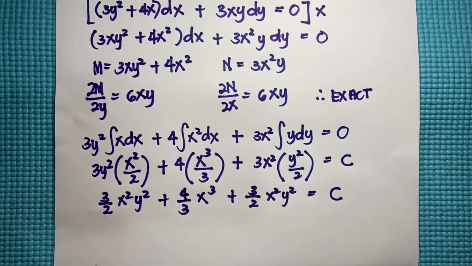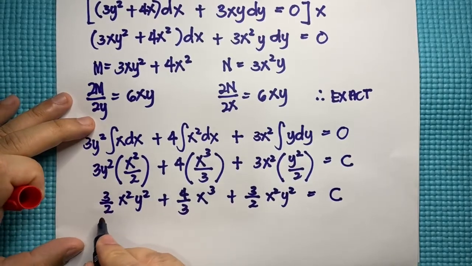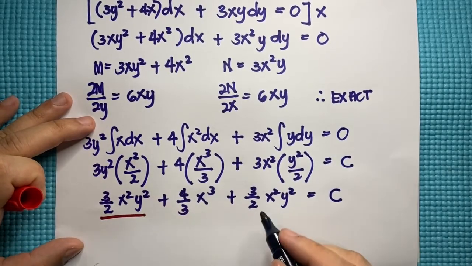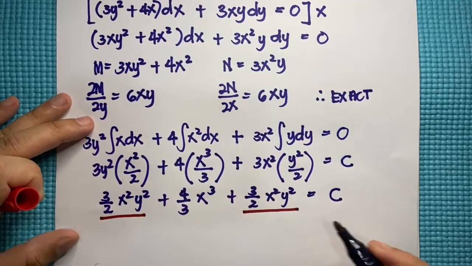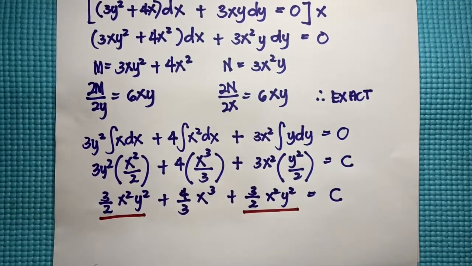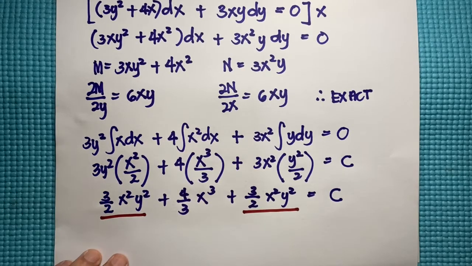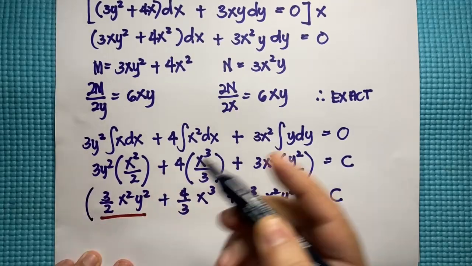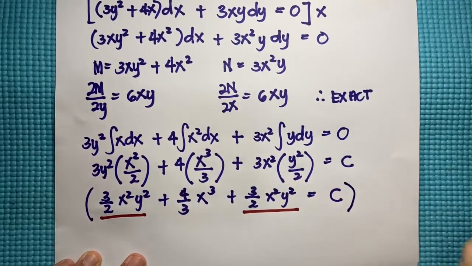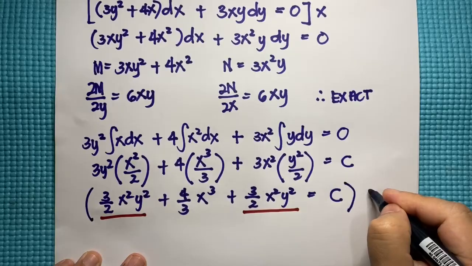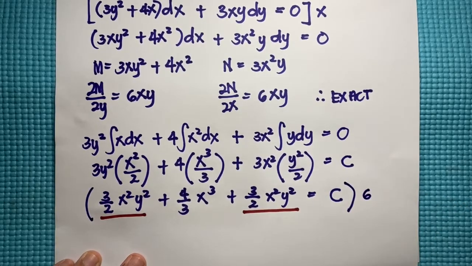And again, as you can see, 3 over 2 x squared y squared is the same as the 3 over 2 x squared y squared of the other term. So making them a group. And in this case, if I would want to remove the denominator, I'll be multiplying everything by 6.